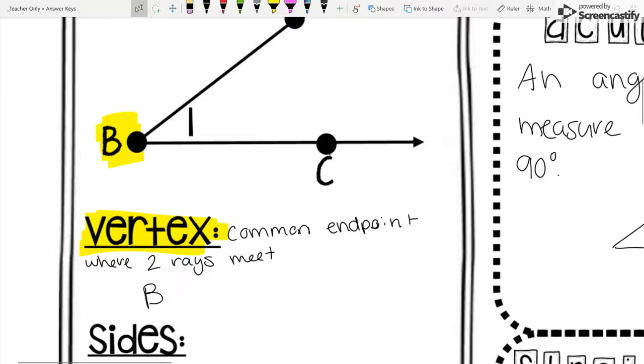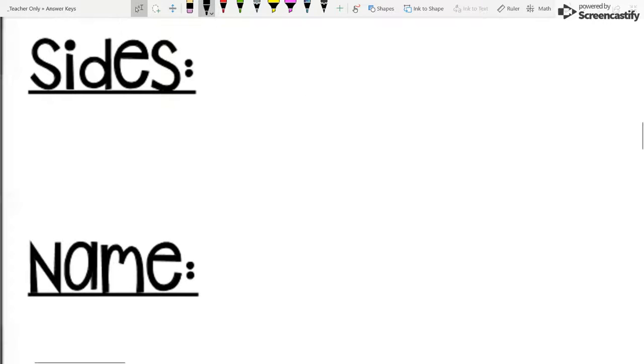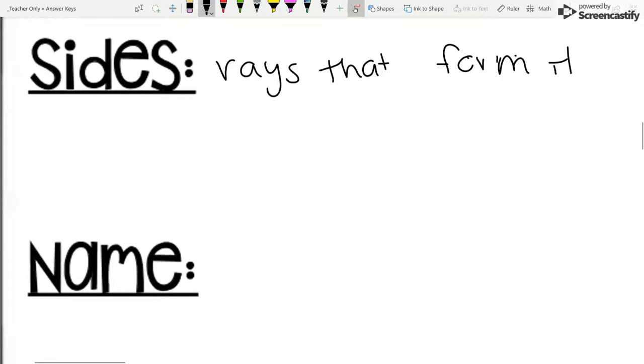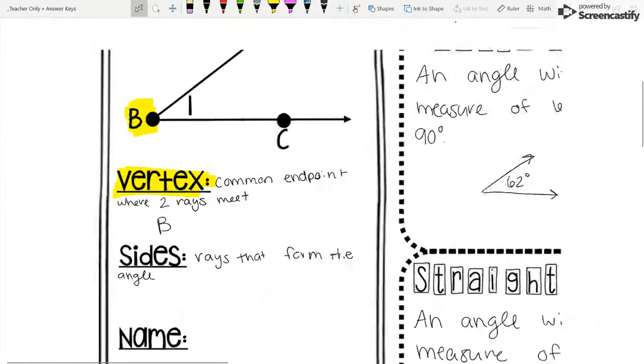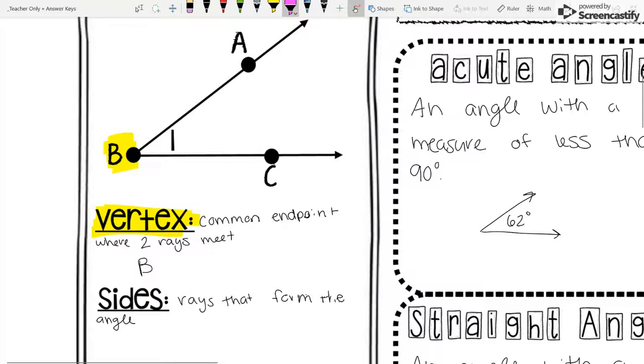To name the sides of our angle, those are the rays that form the angle. In this case, our endpoint is B. Our first ray is ray BC, and our second is BA.